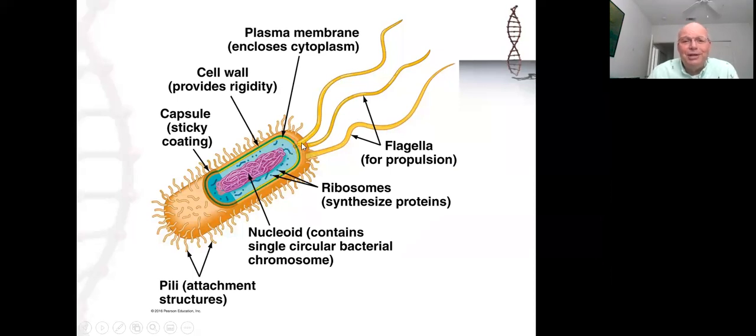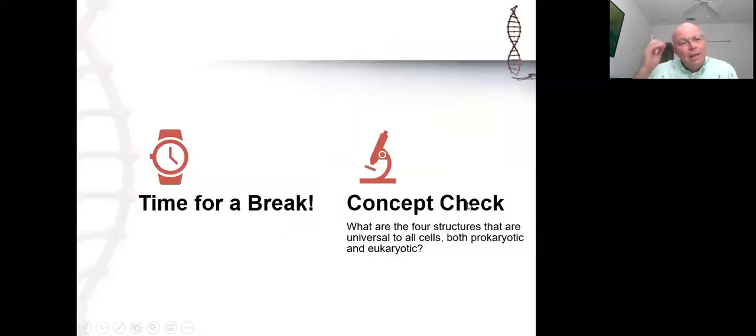It's a fascinating structure. It's made out of about 20 proteins, and it really is, to all intents and purposes, a biological electric motor. That's the best way to understand it. And it provides the energy to allow the bacteria to swim through their environment. So these are some structural features that you'll notice with a prokaryotic cell. And those are the ones that you need to know.